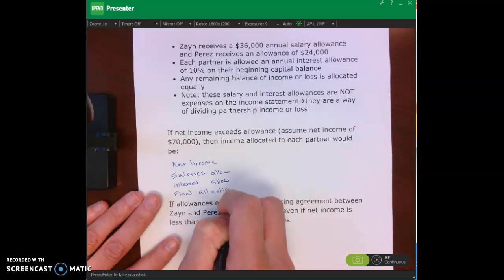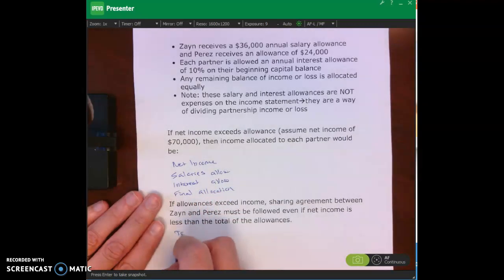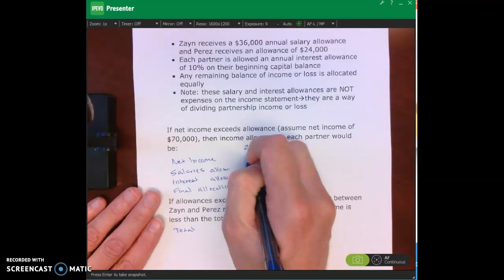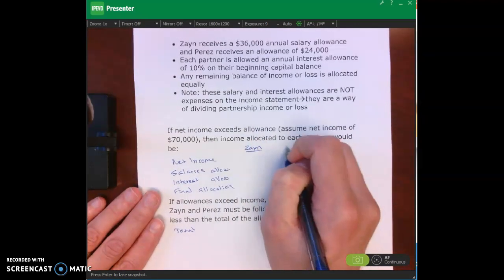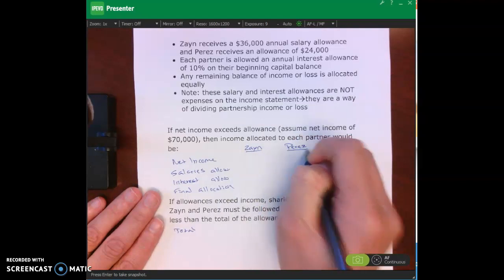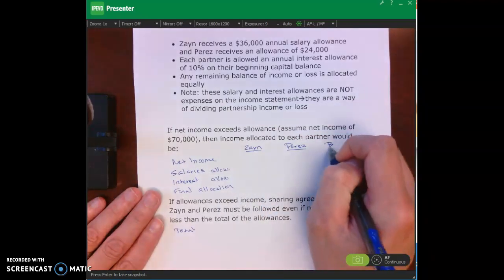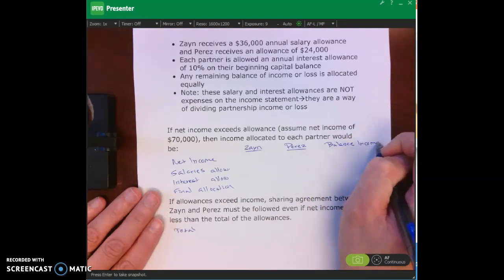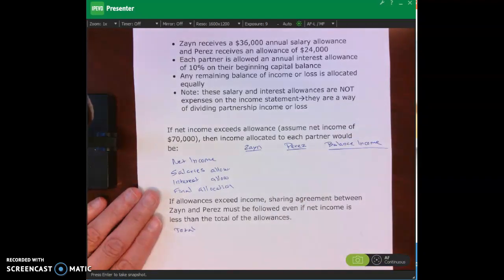And then I'll say total down here because I'm running out of room. And then I'll say to Kayla and then to Hector. And then I'll say balance and income. Okay, so I've got my table set up like this.